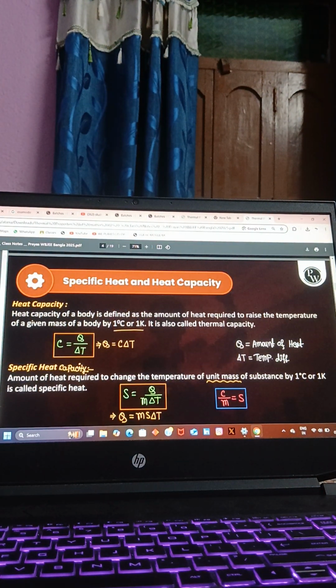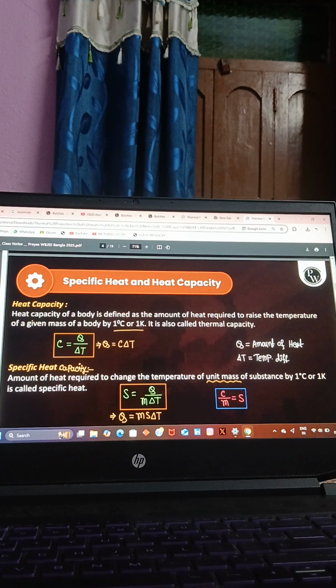Specific heat and heat capacity. Heat capacity of a body is defined as the amount of heat required to raise the temperature of a given mass of a body by 1 degree centigrade or 1 Kelvin.